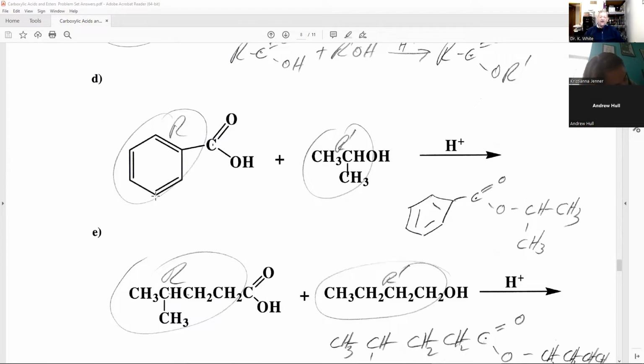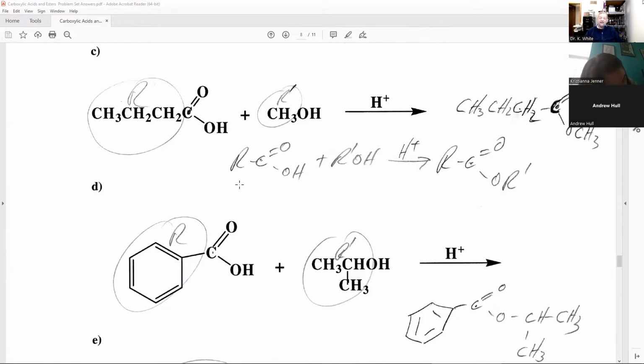Same thing with the alcohols. They're different alcohols, but the general reaction, this is the beauty of organic chemistry in my mind, but I'm biased, I'm a synthetic organic chemist, is any carboxylic acid, any alcohol, acid catalyst, you'll make an ester.